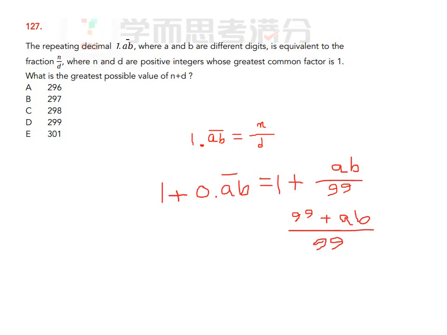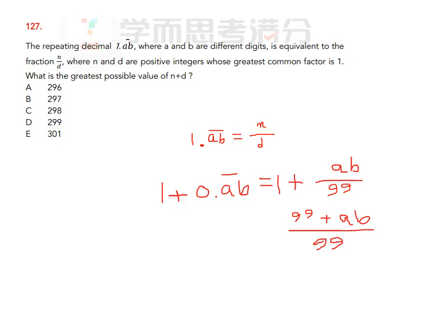Now, the next line, we get (99 plus ab) divided by 99. Now, what will be ab? What could be the greatest number for ab? If ab is 99, then the numerator is divisible by 99.